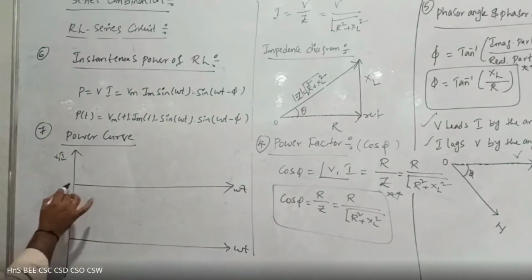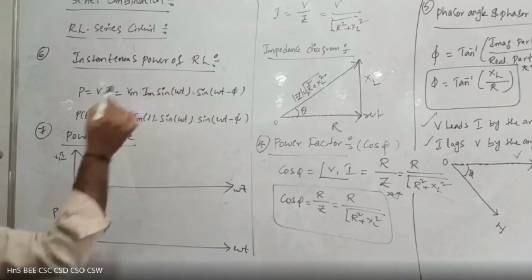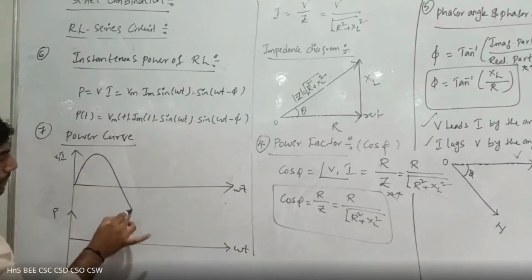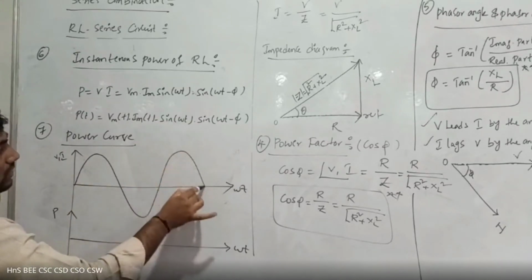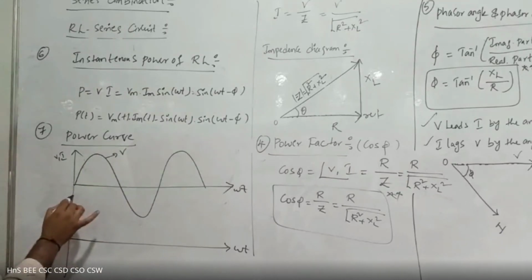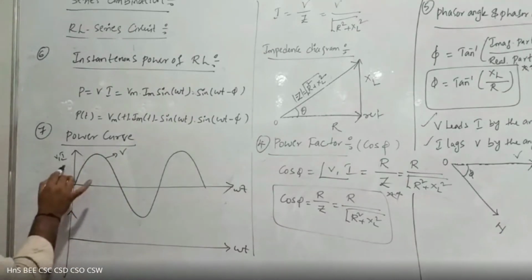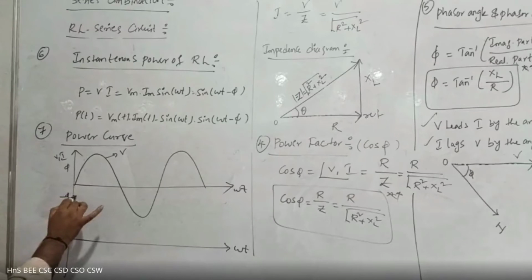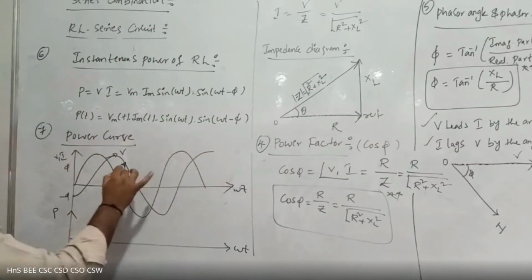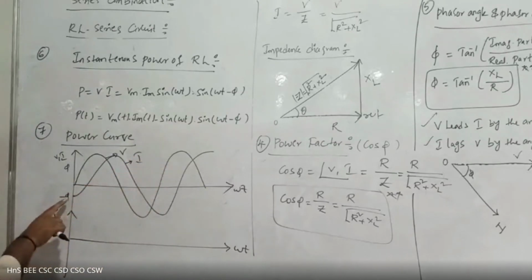See, the voltage starts from zero. Already you know very well from the first step. The voltage starts from zero, and the current starts from minus pi. This is minus pi. This is plus pi. Sorry, the current starts from minus pi, and the voltage starts from zero from the first equation.